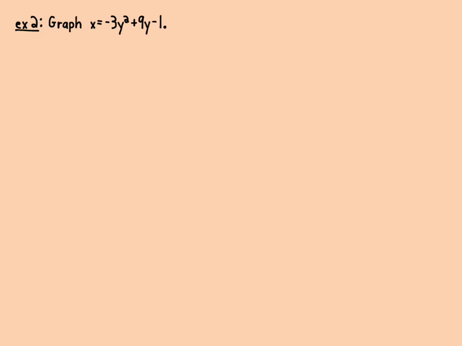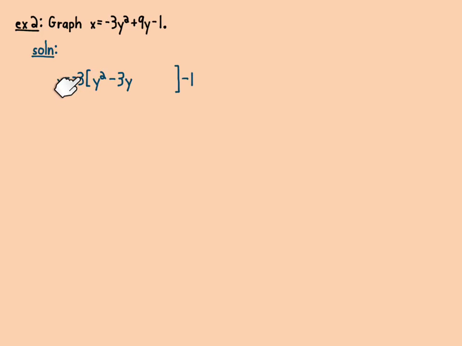X is a function of y here instead of y being a function of x, instead of having y equals blah, blah, blah. Okay, the x's and y's have been switched. So the first thing I do is factor the leading coefficient minus 3 out of the first two terms, leaving the minus 1 at the end alone.